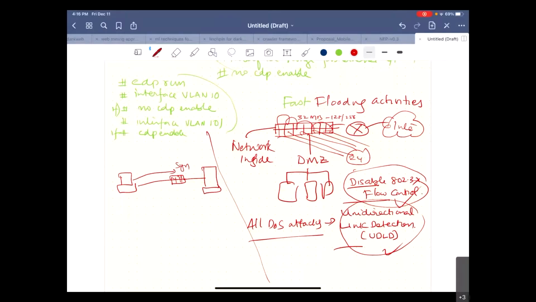Once again, I am telling the three-way handshake: the client sends a SYN packet to access, the server is responsible for acknowledging this SYN, then the client gives an acknowledgement packet. What exactly is a SYN flood? As you know, these three steps are a must for accessing any service of a server.